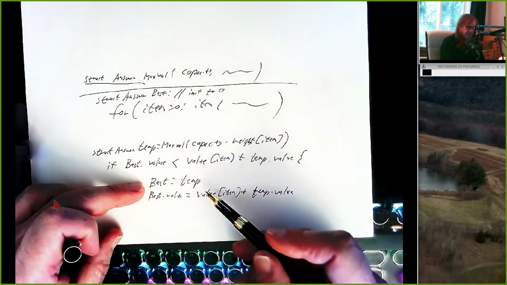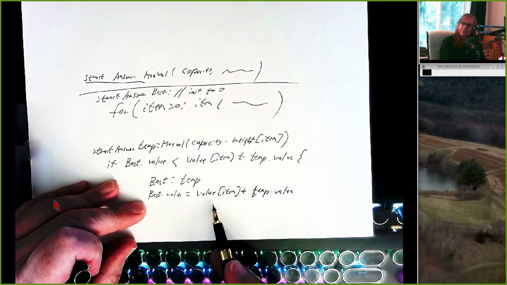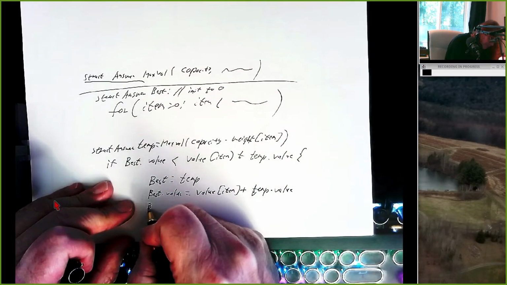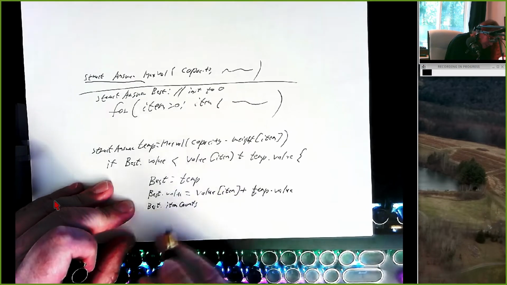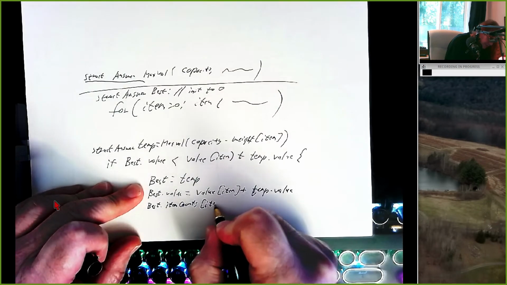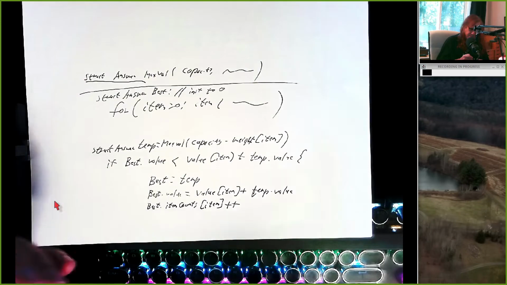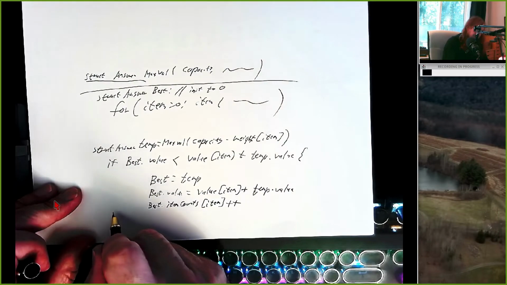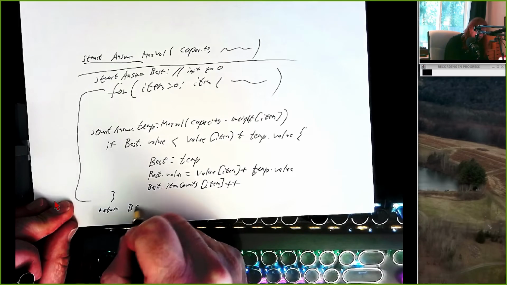So this copies the solution for the diminished capacity bag, and this adjusts the value of that solution by also adding the value of item I. And then best dot item counts, if that's the name of the array of how many of each item you need, let's take the item indexed by this and bump that up by 1, because what are we doing here? We've added item to our bag. And so iterate over all of that and then return your best solution.